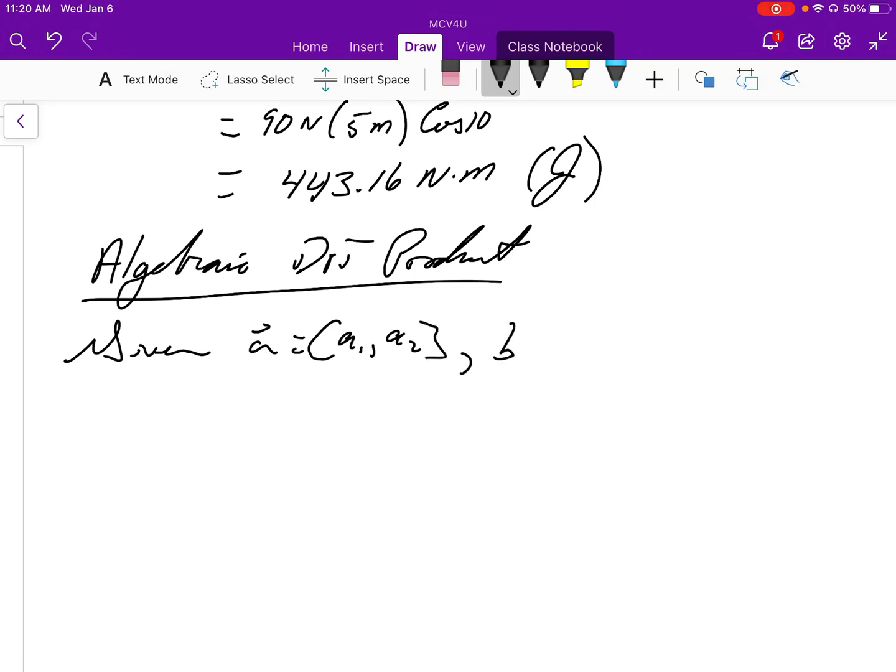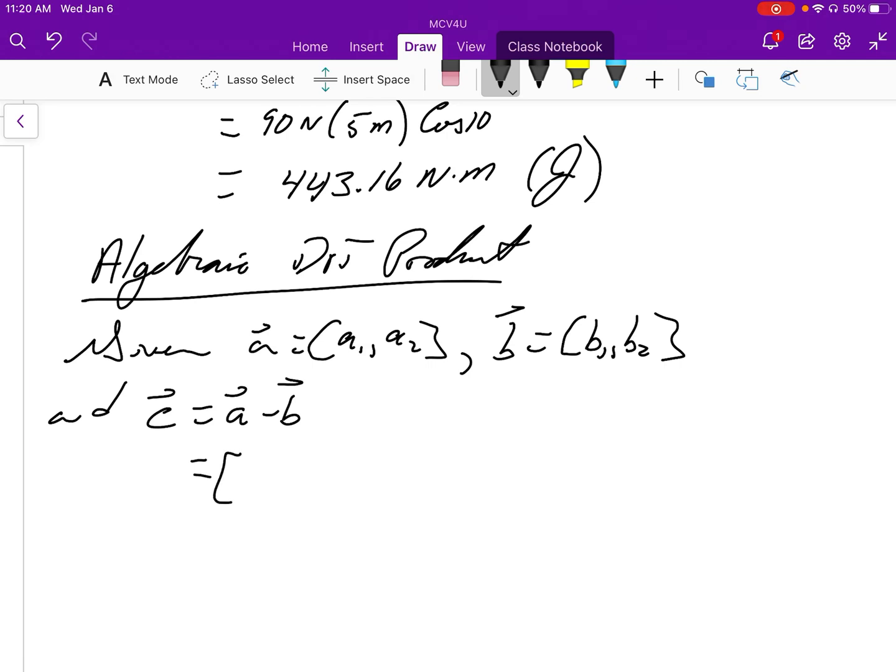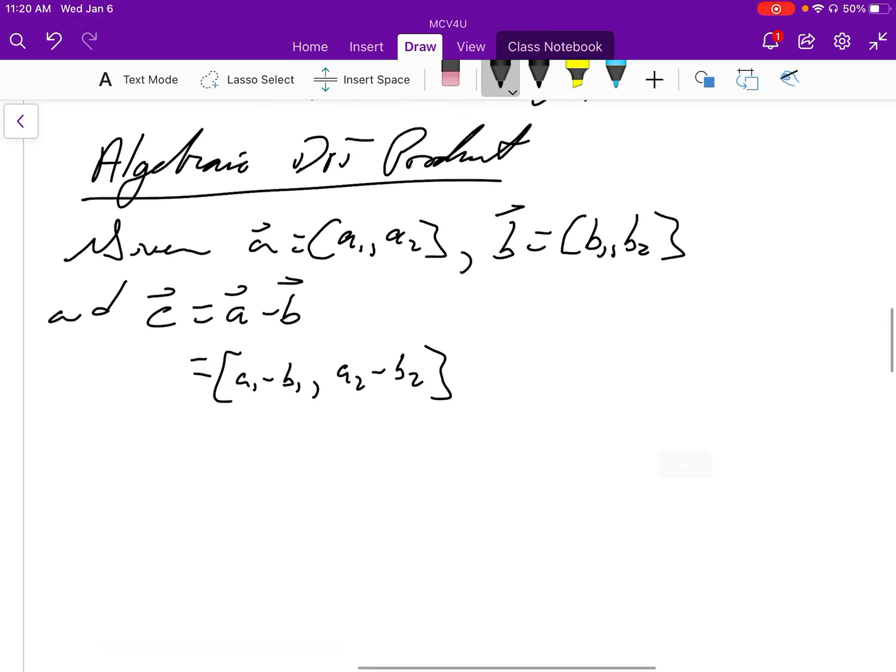B is B1, B2. And the vector C, which is defined to be A minus B, so that's A1 minus B1 and A2 minus B2. So that's our definition of what we have there.